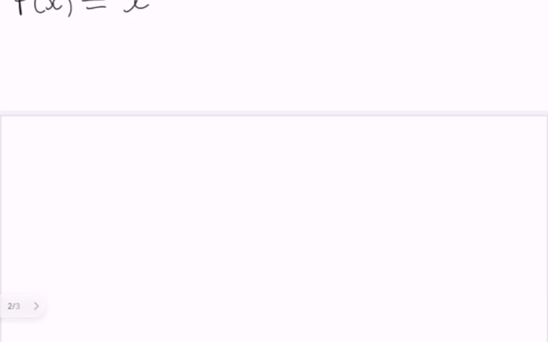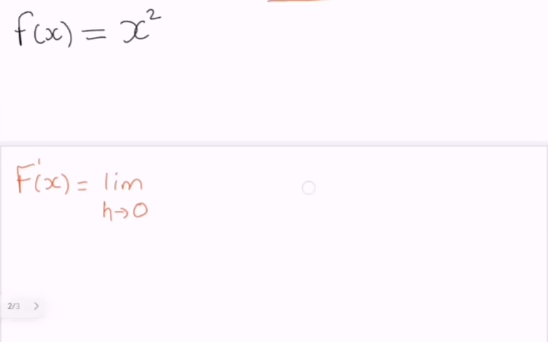Then we'll be like, f prime of x is equal to the limit as h approaches 0. Then we'll be like, what is our f of x? It is x squared.